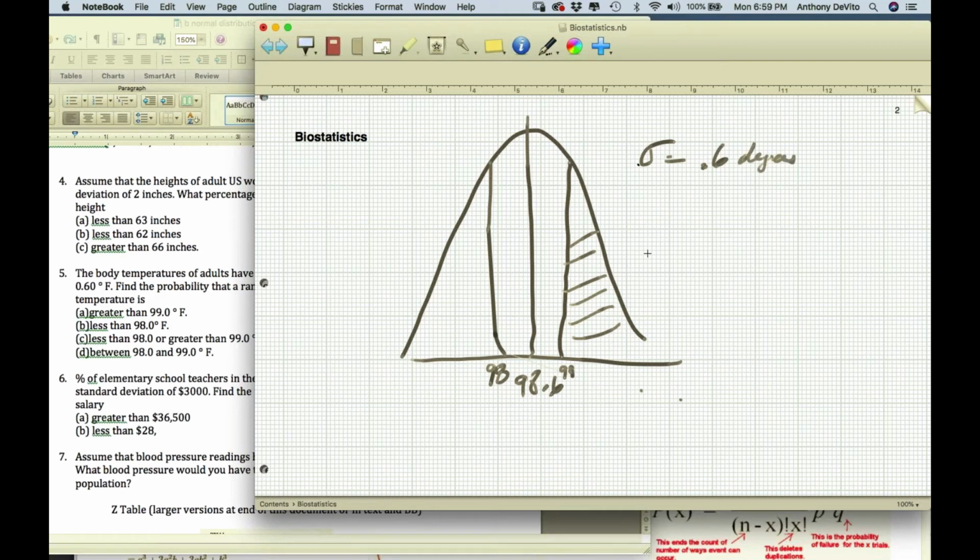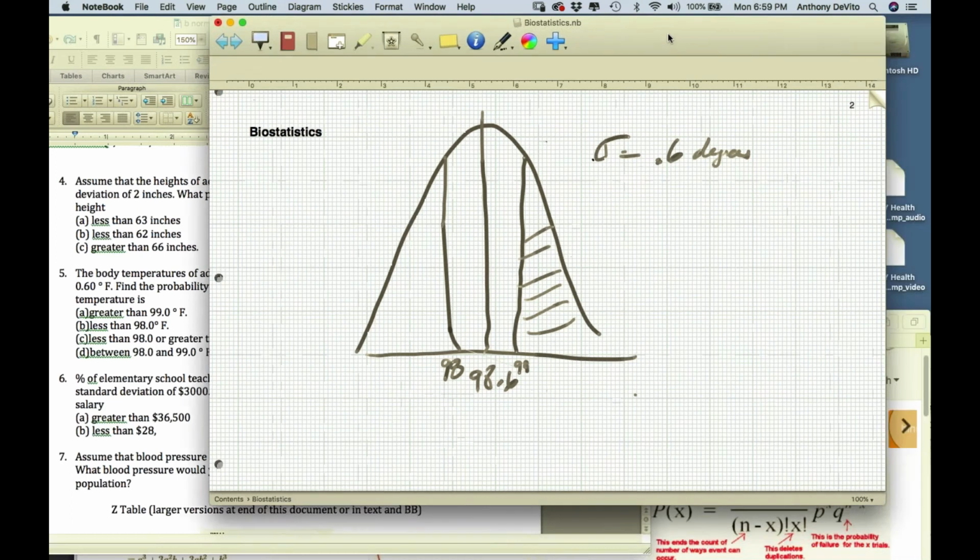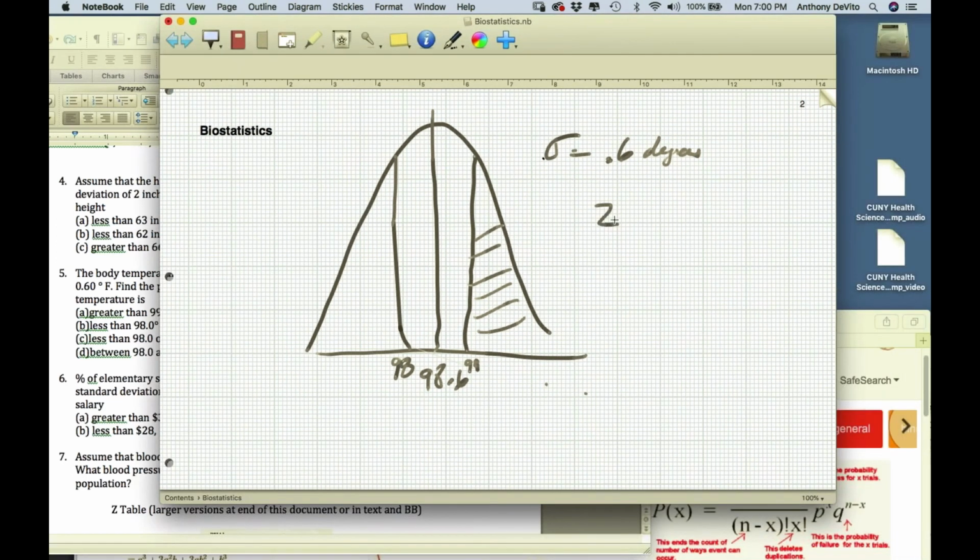So let's see what we're going to have to do here. I'm always going to use the formula to make sure my signs are straight. My formula is x minus mu over the standard deviation, the difference between the value I'm interested in and the mean, over the standard deviation, which always gives me the number of standard deviations away from the mean.